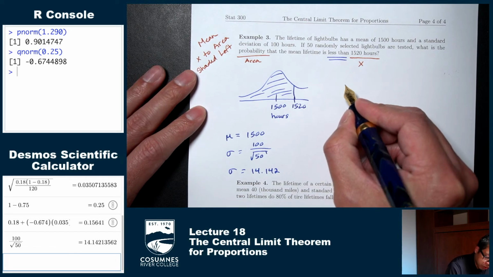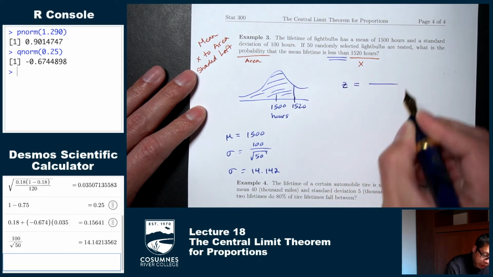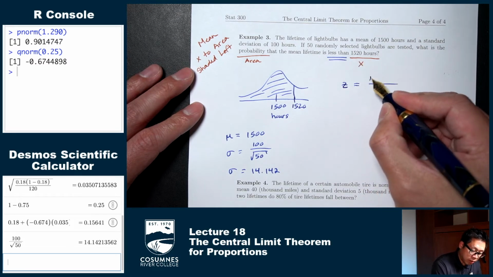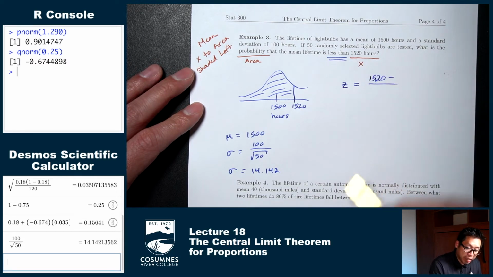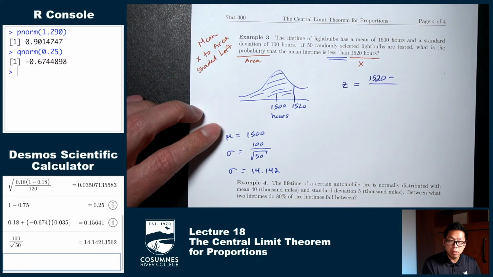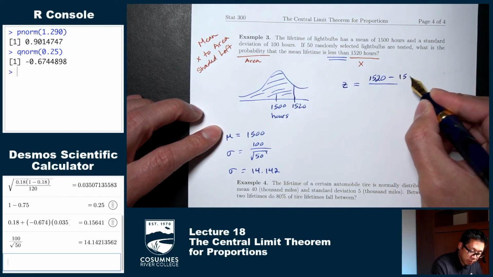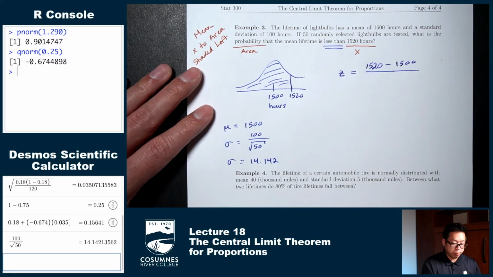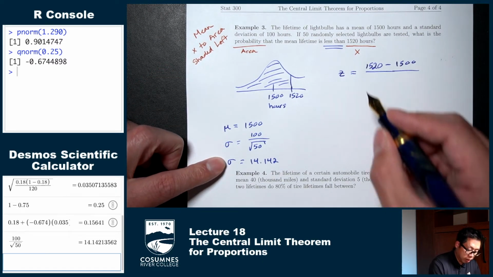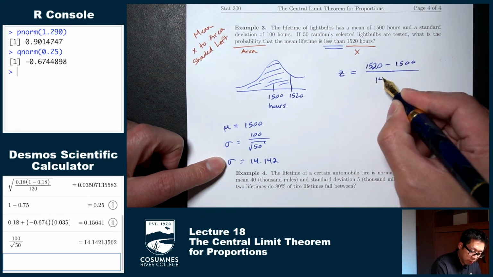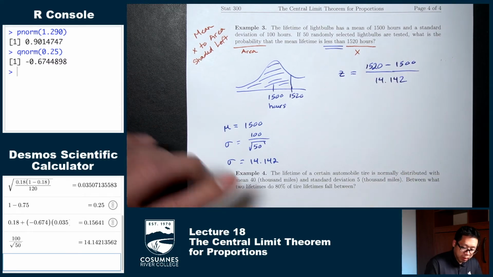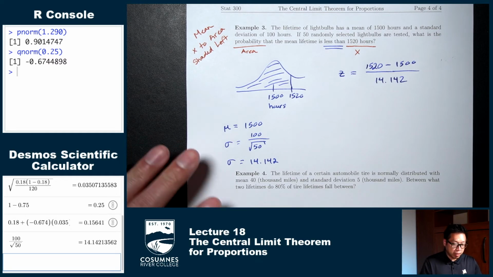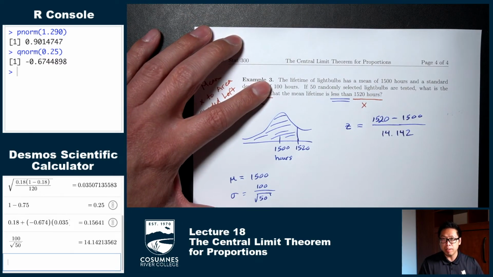So z equals, up top, x, our x is this 1,520, minus the mean, our mean was 1,500, over the standard deviation, which is this 14.142. Okay, make sure you're using the standard deviation that you calculated and not the original standard deviation of the population.